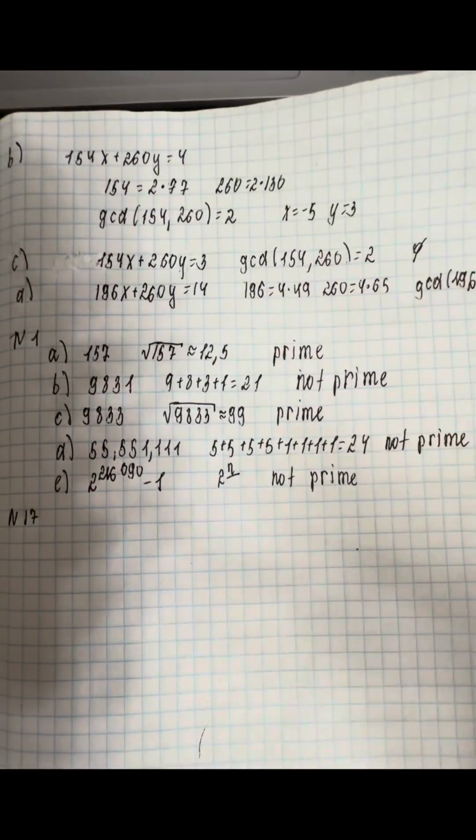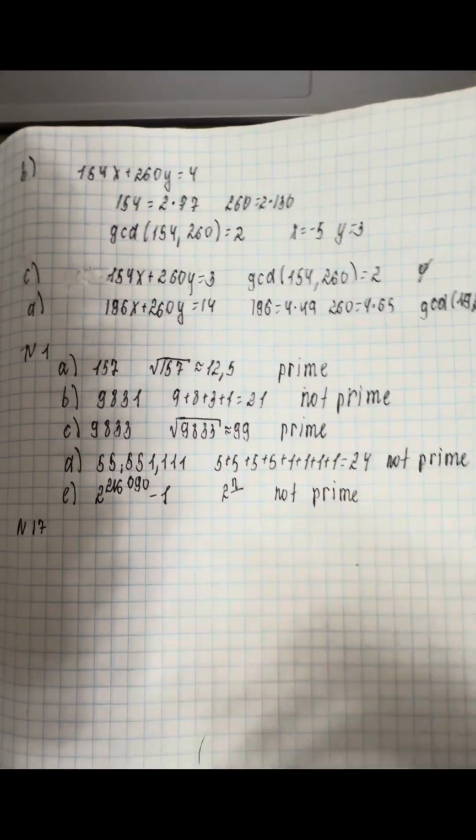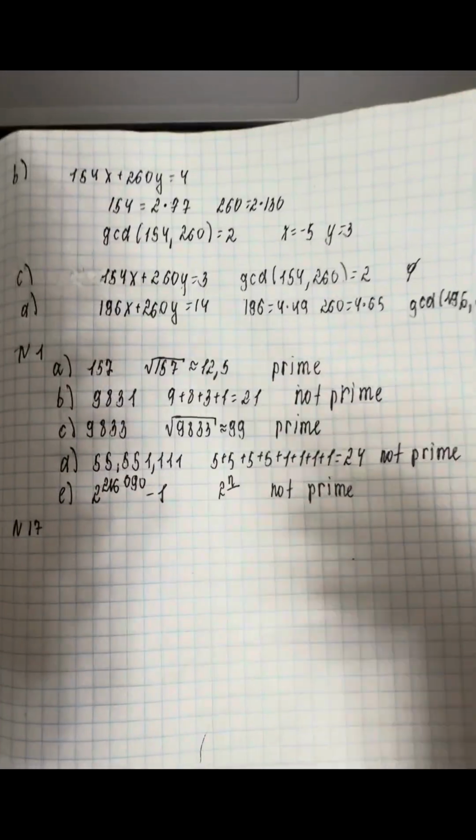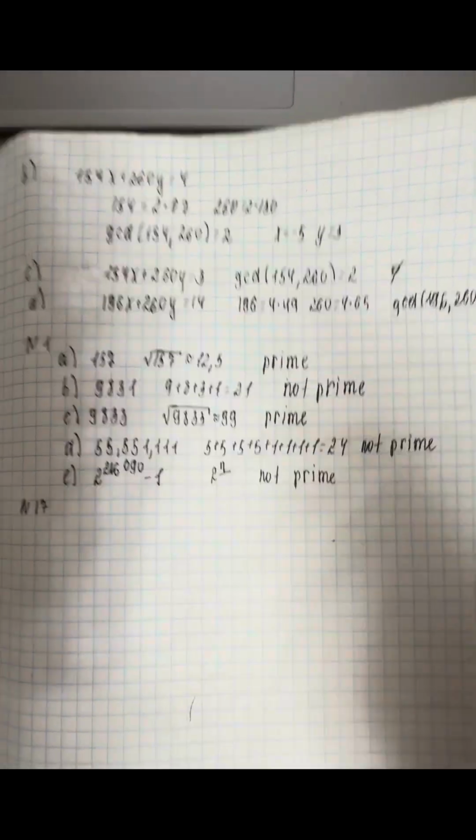And describe all natural numbers for which t(n) equals 3. A number has exactly 3 positive divisors only when it is a square of a prime number.